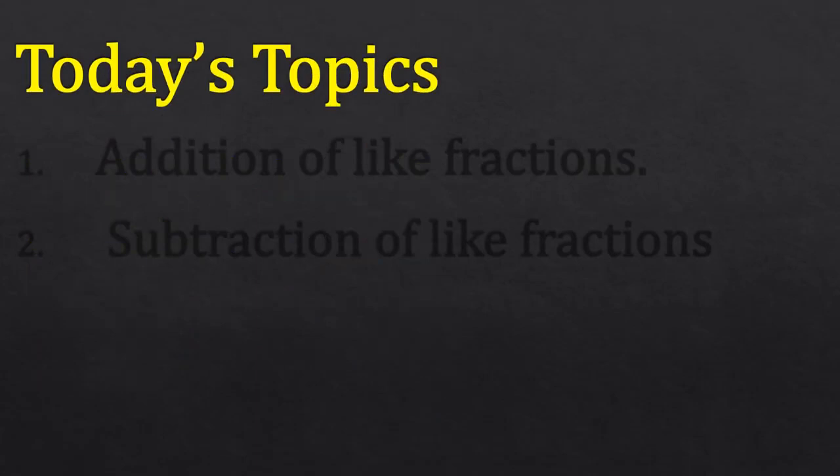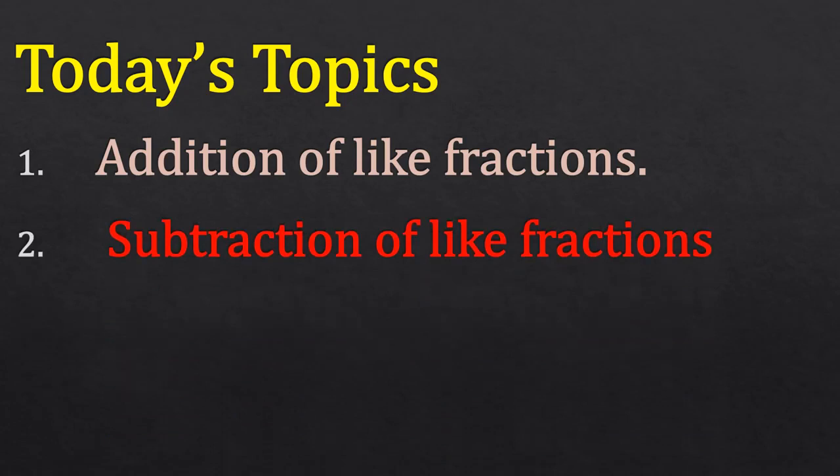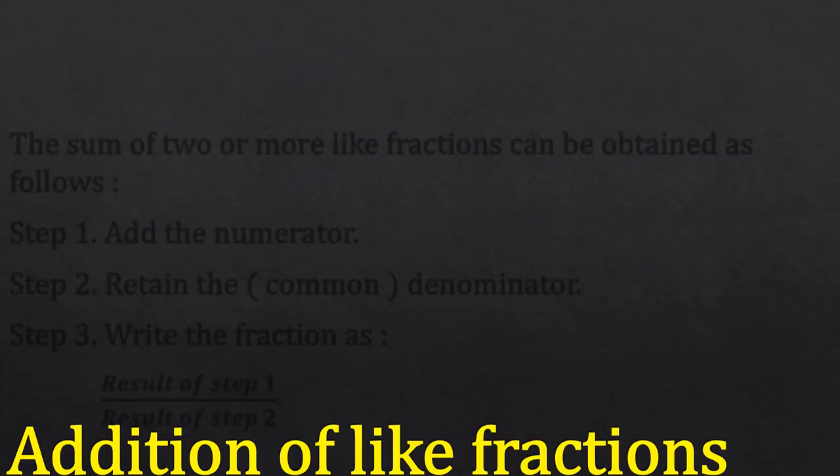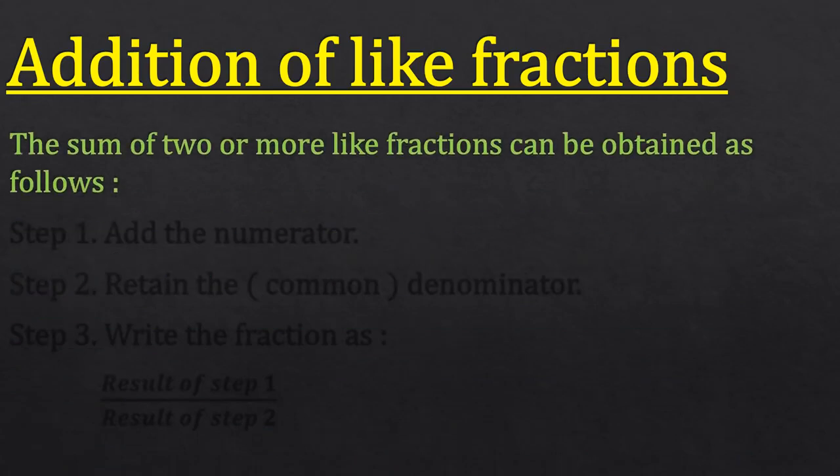Now today in this lecture we will learn addition of like fractions and subtraction of like fractions. First is addition of like fractions. Like fractions we all know are having same denominator.